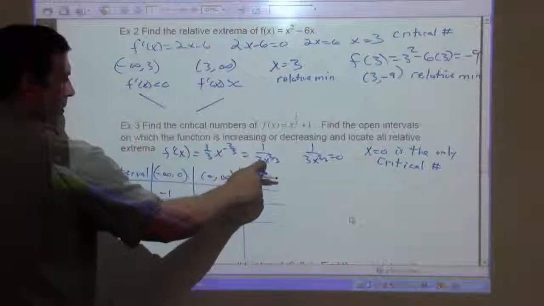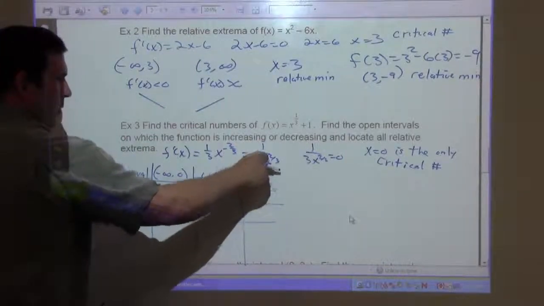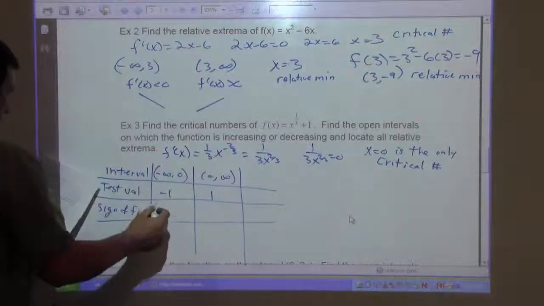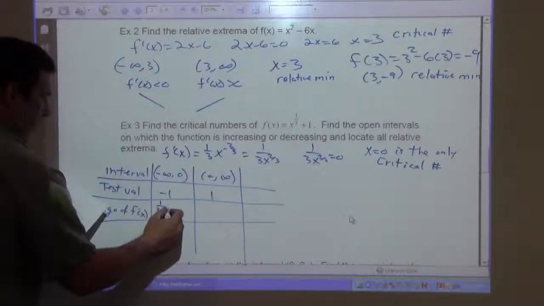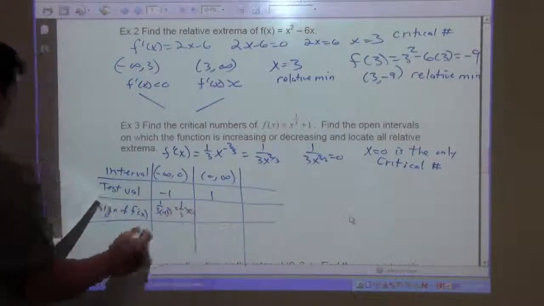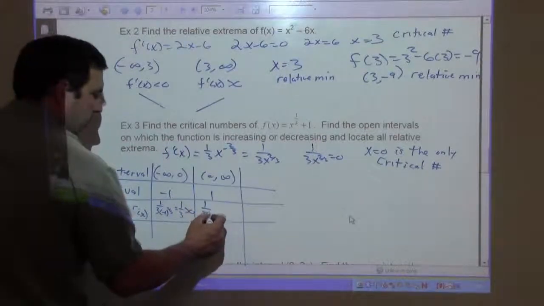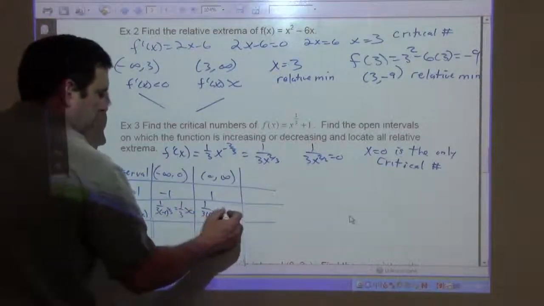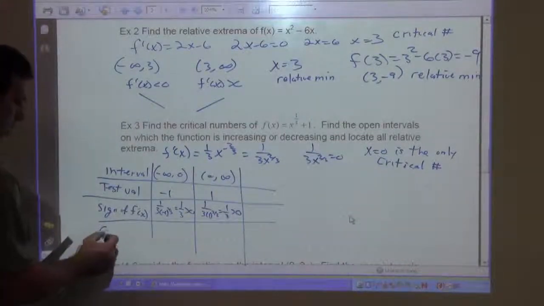It's going to be 3 times (-1) to the 2/3. That's like (-1) squared, which is 1, and the cube root of that is 1. So it's 1 over 3 times (-1) to the 2/3, which is 1/3, and that's positive. Put in +1, you're going to have 1 over 3 times 1 to the 2/3, which is 1/3, and that's still positive.